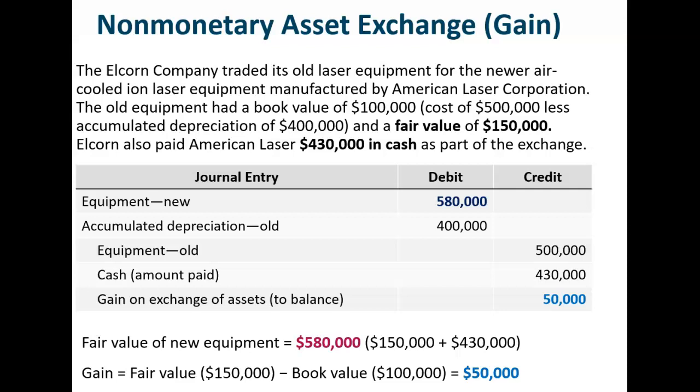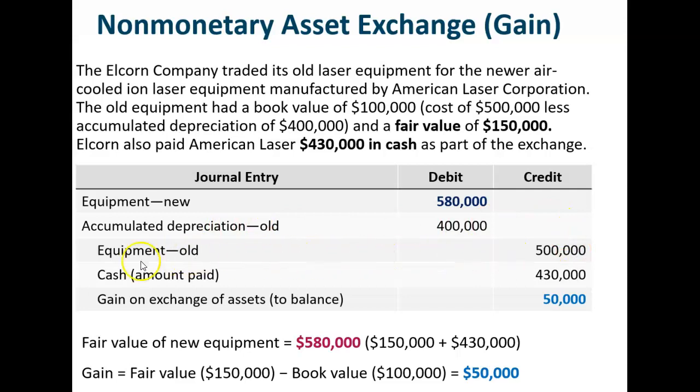Step 2. Remove the old equipment and the old equipment's accumulated depreciation from the books. So the old equipment account was credited for $500,000, which is the cost of the old equipment, and the accumulated depreciation was debited for $400,000.